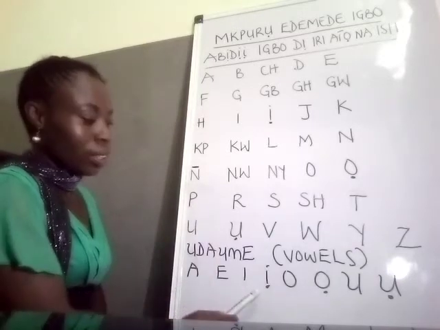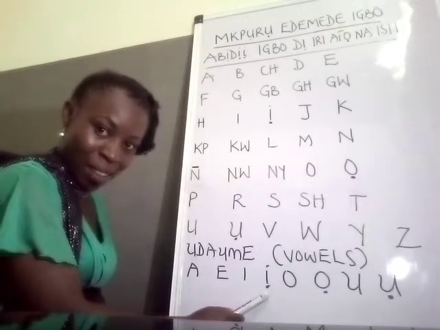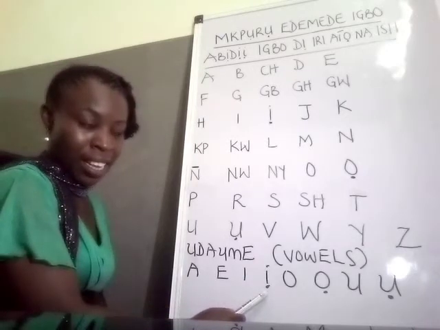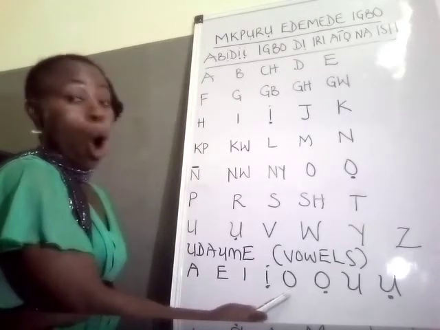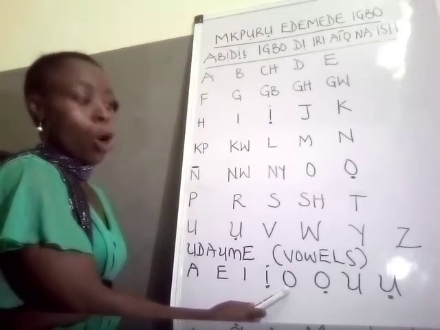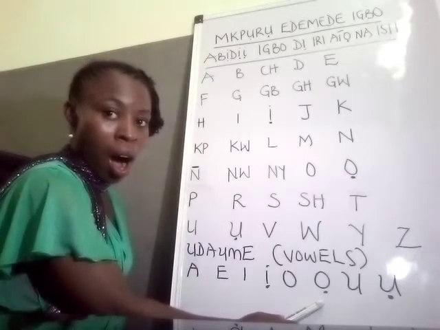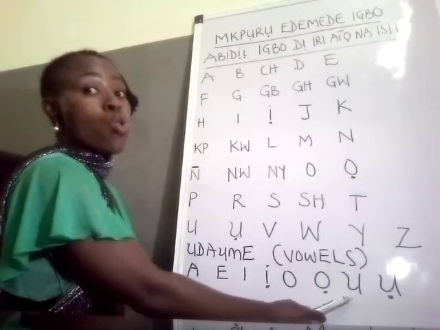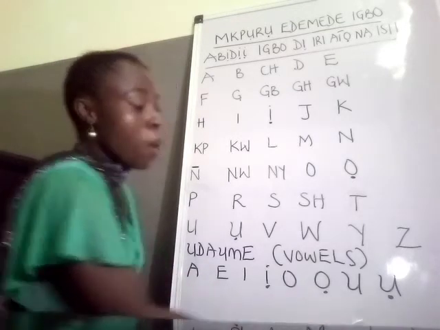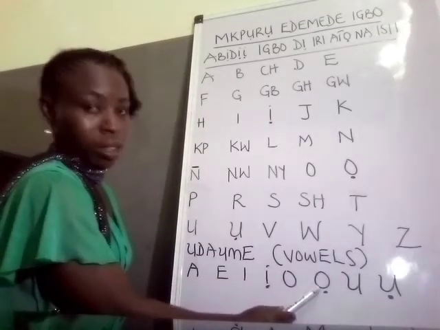Watch. This is E and this is E. This is O. Watch my mouth. O. This one is O. Most times people used to confuse this with this.